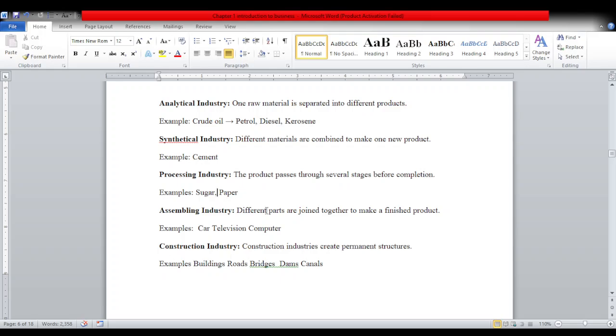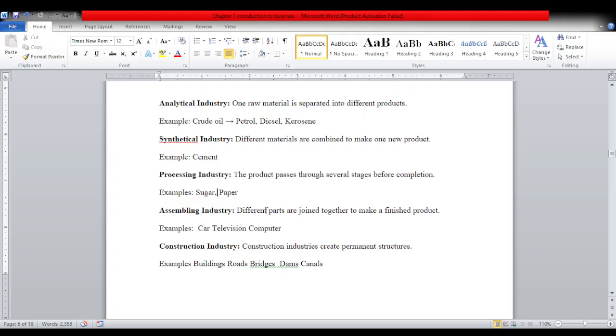Paper also has different stages, and the different stages help you generate a particular product. Processing allows the industries to follow the different stages, and then ultimately you have the product which you require, whether it's sugar or paper.